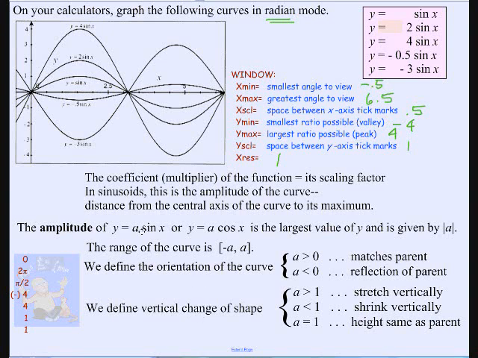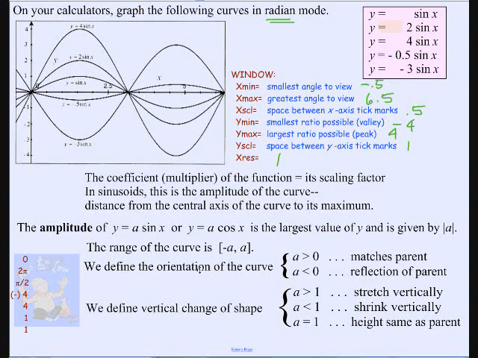The amplitude, now this is a general formula here. We put in A to represent the amplitude, is the largest value of y, and it's given by the absolute value of A. So in the case of this graph, the amplitude would be 1, this one would be 2, 4, this one would be, remember, absolute value, 0.5, absolute value, 3.